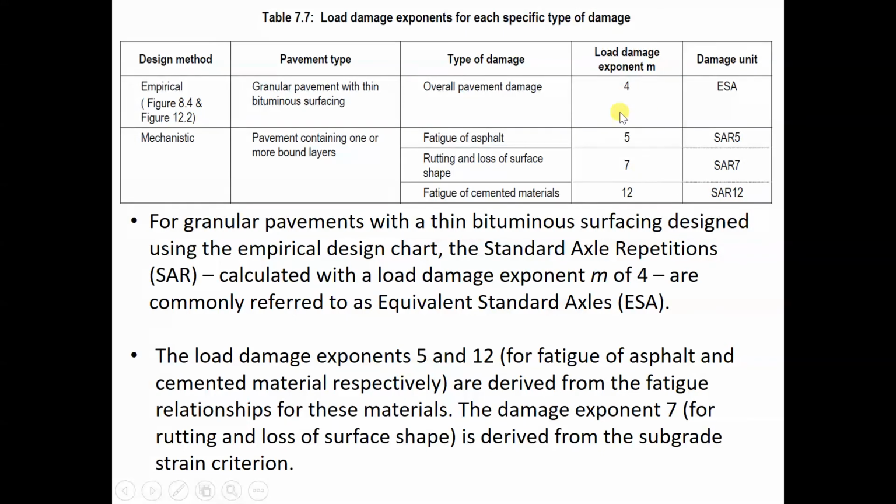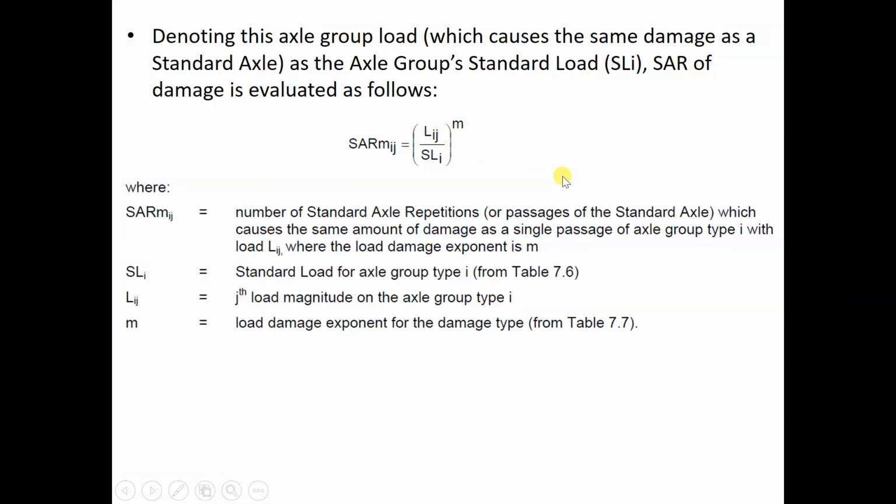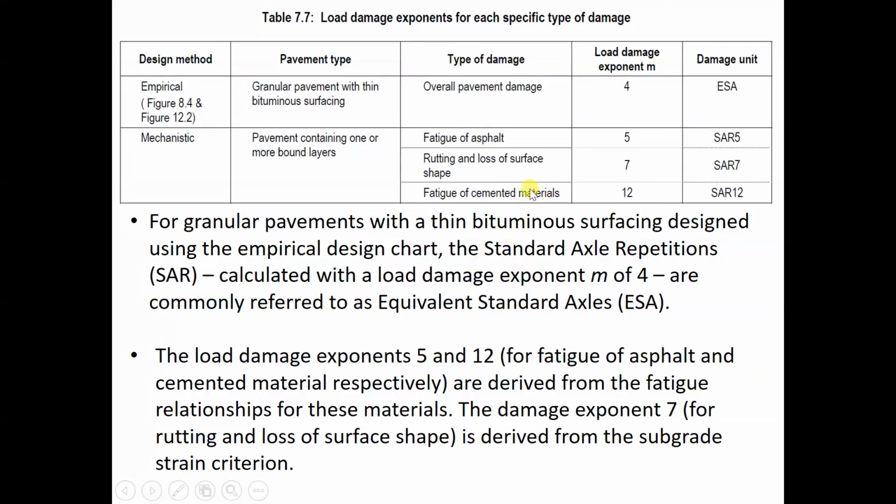The exponent for this formula is this M here. For the empirical approach the exponent is 4, but for the others, asphalt is 5, subgrade 7, and cemented material 12.